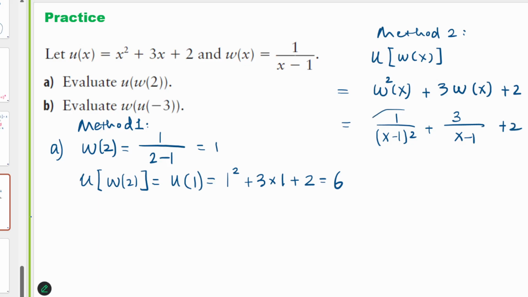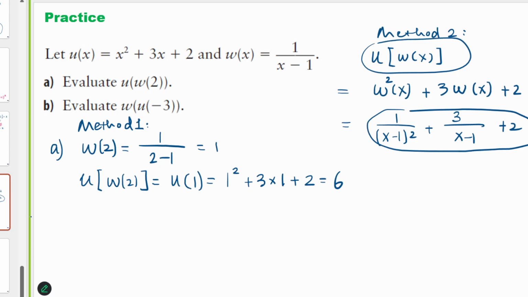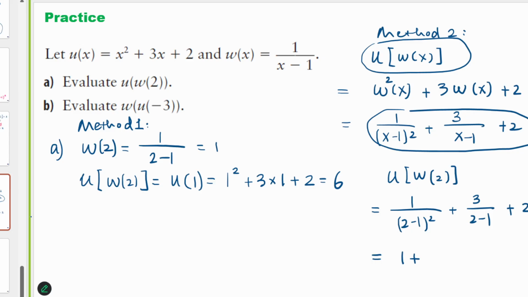So this is the expression of u of w of x, right? So if you want to evaluate u of w of 2, then simply insert 2 into that expression. That'll give you 1 over 2 minus 1 squared plus 3 over 2 minus 1, then plus 2. That'll give you 1 plus 3 plus 2, which is 6.